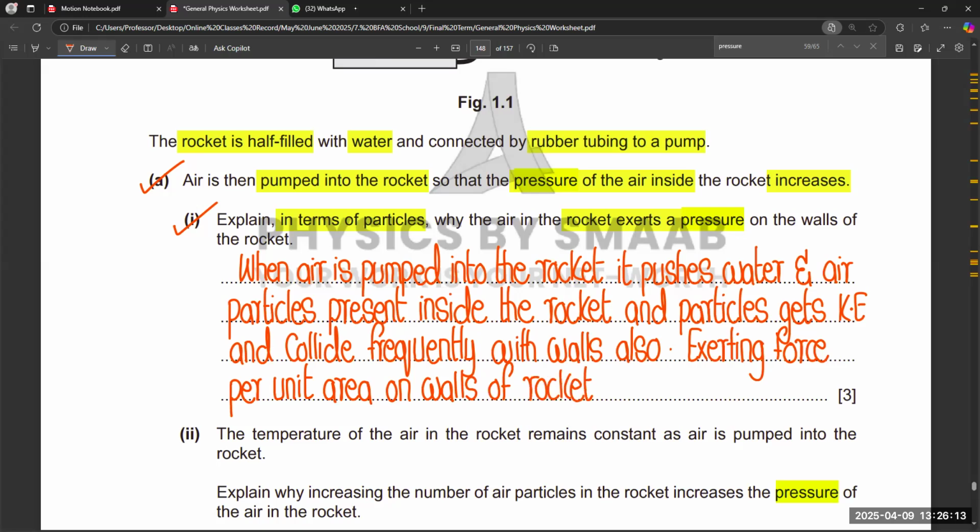So force per unit area gives you pressure.